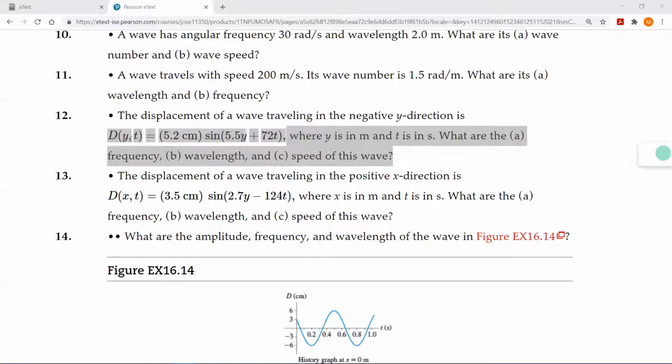Or if this is a sound wave, the direction of the wave that you're looking at, call that the y-axis. And we're supposed to, from this function, determine the frequency, wavelength, and speed. Easy. This is just a straight up application of all the little formulas we've been dealing with since the semester started.